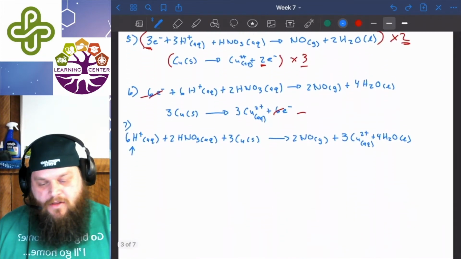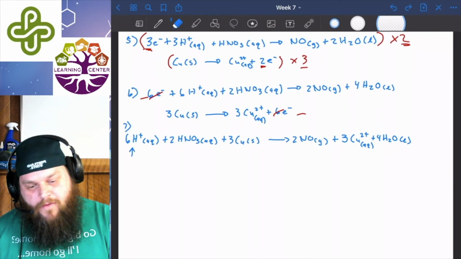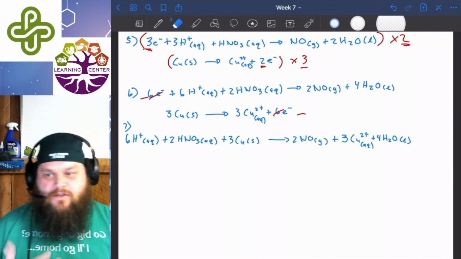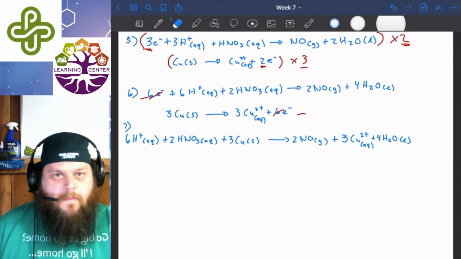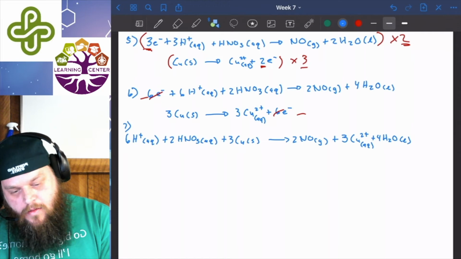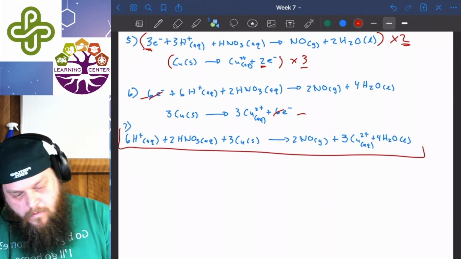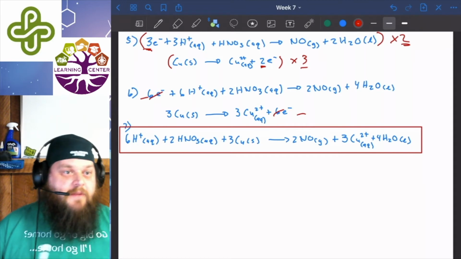So we don't need to do that last step. And this ends up being our final reaction. I'll put a big box around it. There it is. That's the reaction that's actually happening.